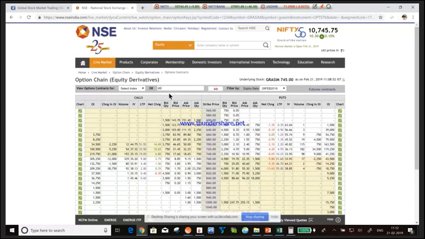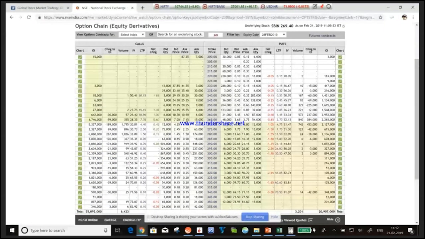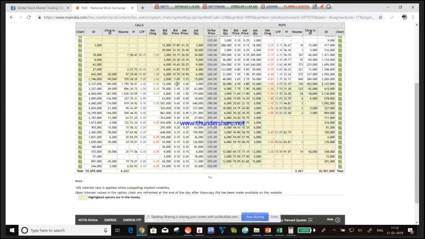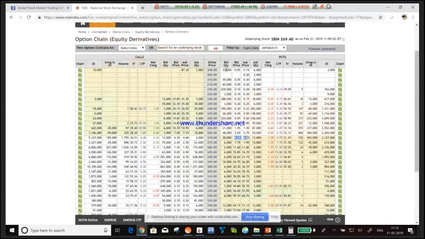SBI is liquid. SBI is trading at 270. Look at the spread. 5 paise, 10 paise. McDowell is also liquid, I think.